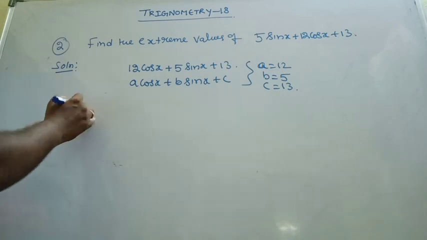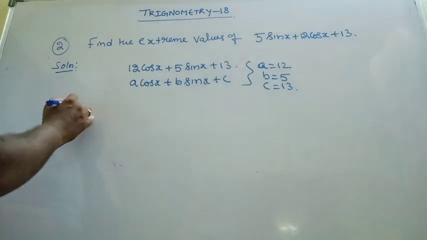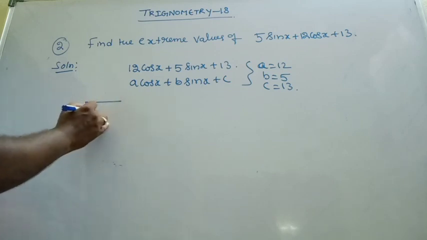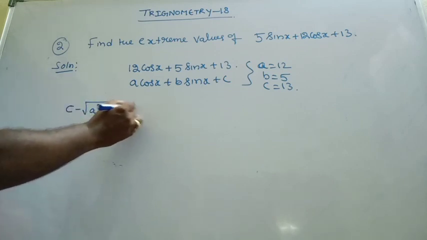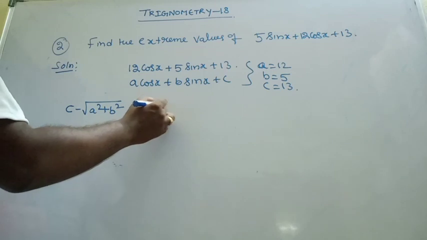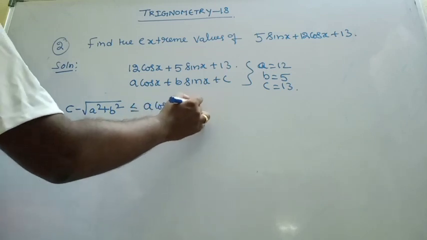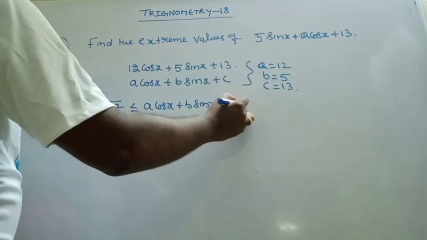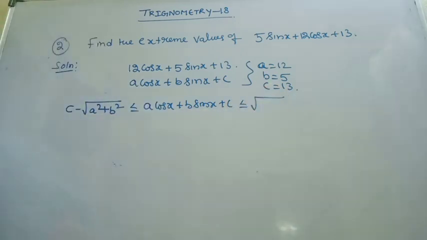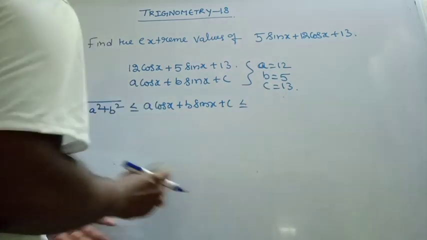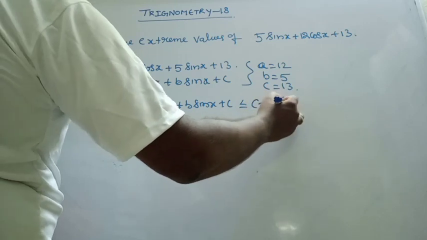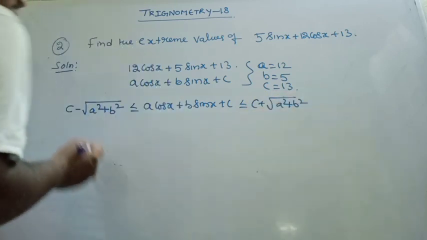And we know that the extreme values of this are c minus root over a square plus b square lesser than or equal to a cos x plus b sin x plus constant, which is lesser than or equal to c plus root over a square plus b square, like this. Now let us substitute.